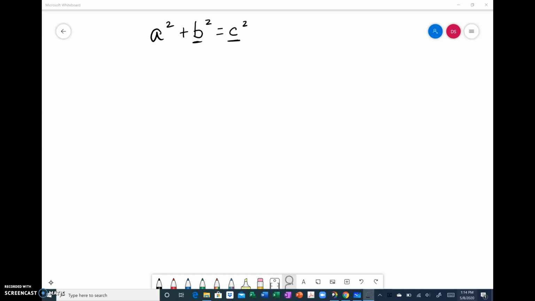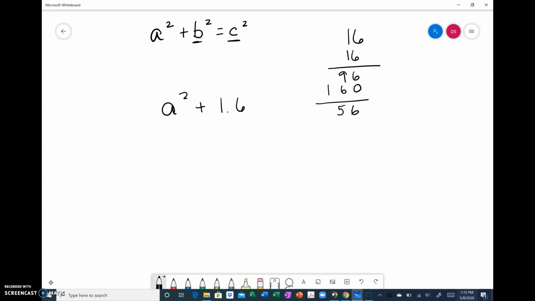I'll call it A. So we're going to do A squared plus B squared is going to be 1.6 squared. And I do not have a cheat sheet, so I'm going to work out 1.6 squared. So 1.6 squared is 2.56.